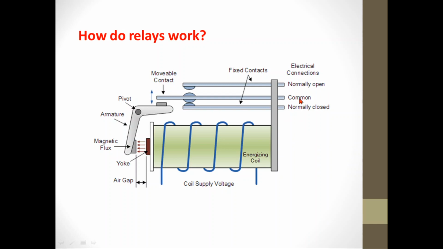Meaning, the normally closed contact which was opened after energizing the coil will become closed again, and the normally open contact which was closed after energizing the coil will become open again.